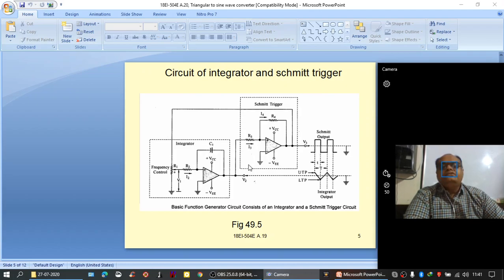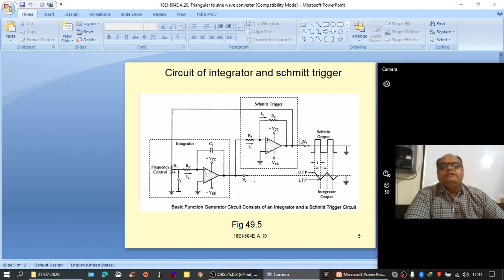Similarly, if I assume V3 to be grounded, in that case here is a negative voltage. Now also current flows in the same direction, but the drop now would be with respect to R4. So V2 by R3 plus R4 into R4.